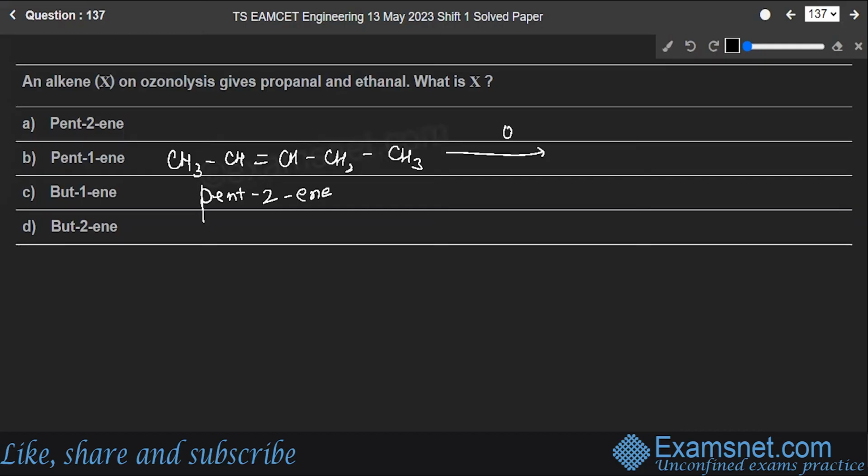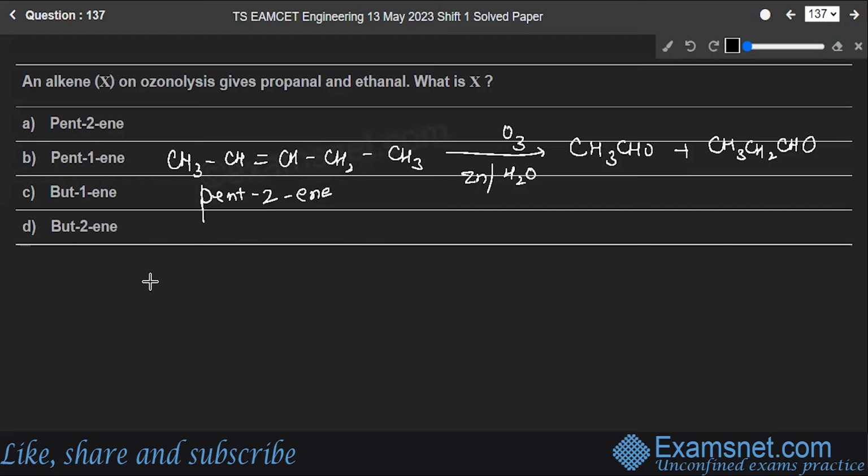This undergoes ozonolysis. In the presence of zinc and water, it gives you ethanal, CH3CHO, and propanal, CH3CH2CHO.